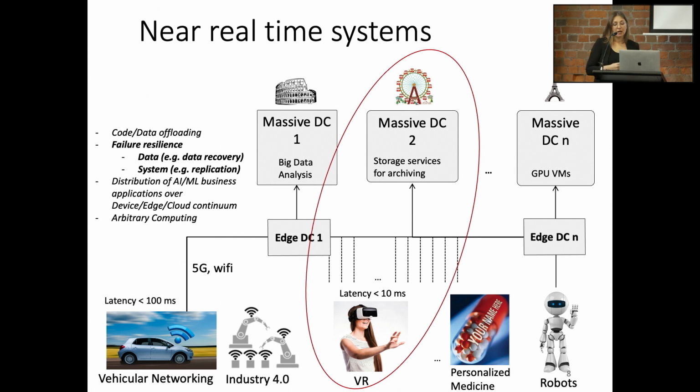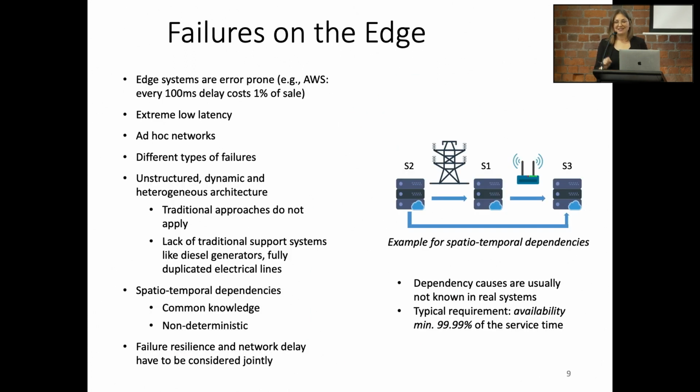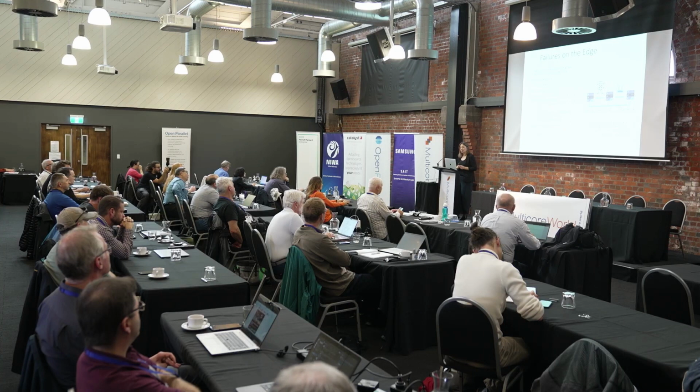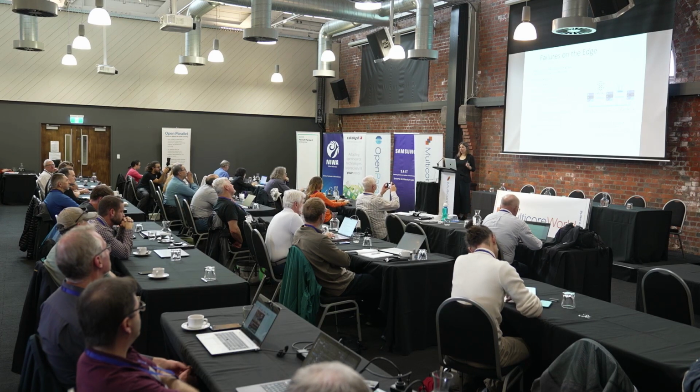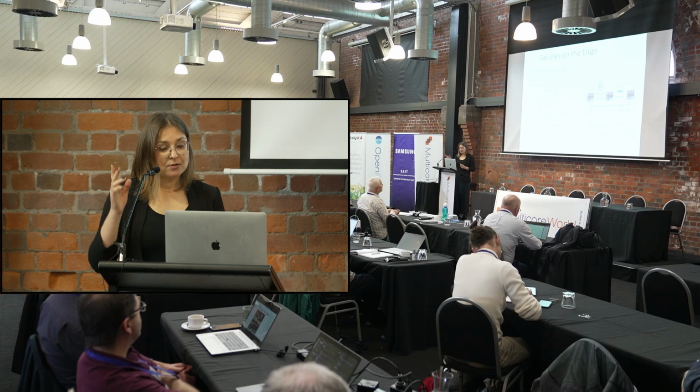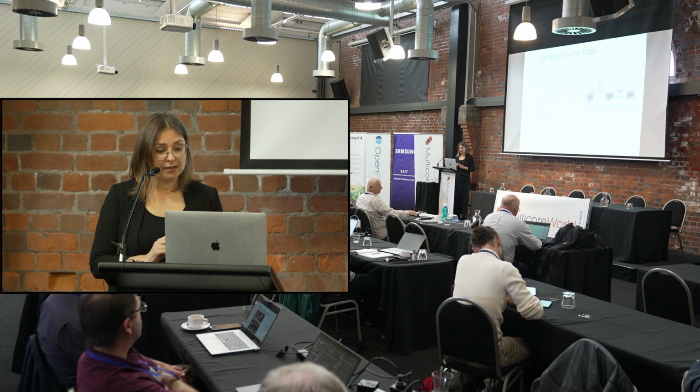In particular, we look into new resilience strategies for edge data centers, because there are a lot of problems that cannot be solved using traditional methods. Why? In edge computing, we have extremely low latency, ad hoc networks, different types of failures, and unstructured, dynamic and heterogeneous architectures.